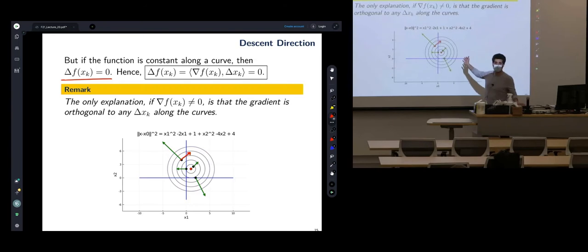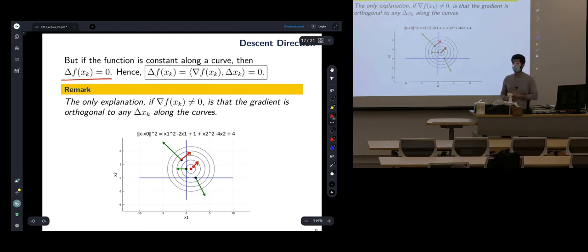And this figure is a numerical verification. You can look at it in the book and read more about it. Numerically, you can define your function, define the level set, calculate the gradient, and visualize the gradient at that point. You will see that it is orthogonal. It's pointing along the shortest path from one level set to the next one.